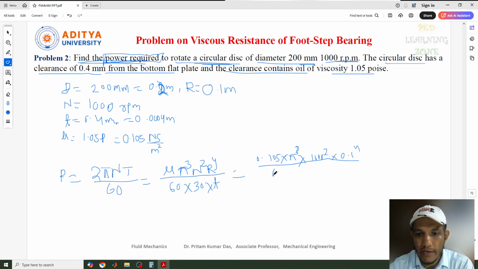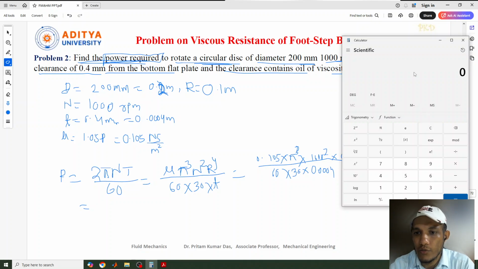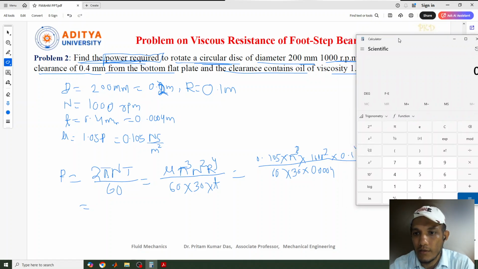So this we can write divided by 60 into 30 into 0.0004.